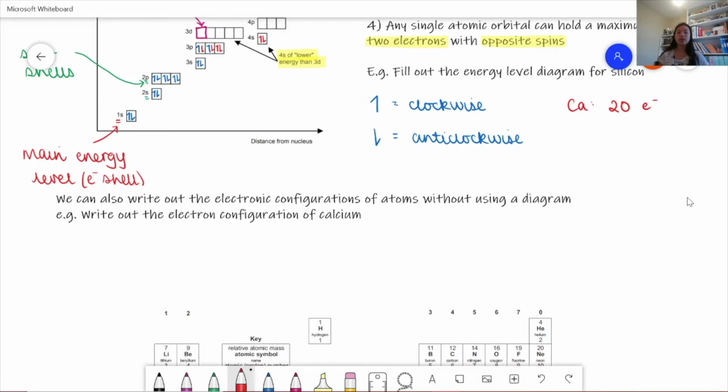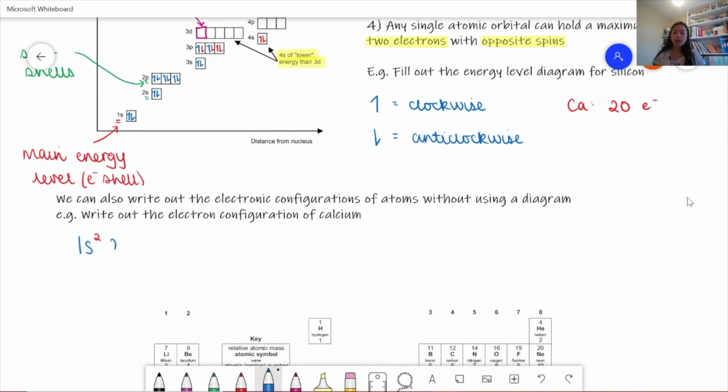So calcium we've just seen, and we've just drawn on the energy level diagram. And so we can just take that and convert it into a shorthand way of writing it. So we have 2 electrons in the 1s orbital. And so what we do is we have 1s, and then we put in a 2, which just indicates that we have 2 electrons in that orbital.